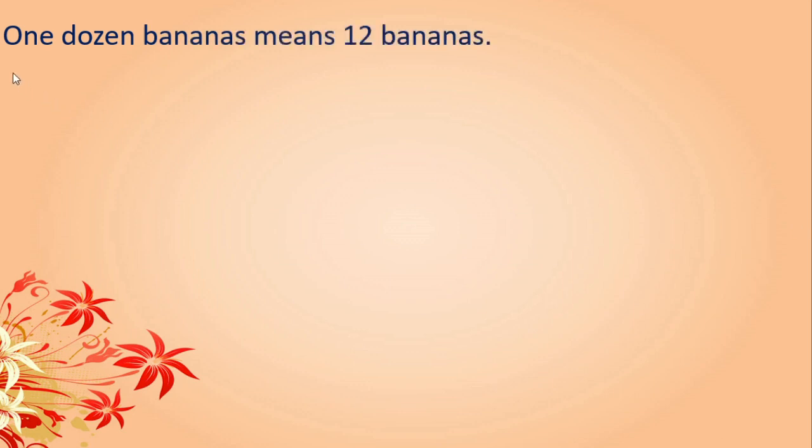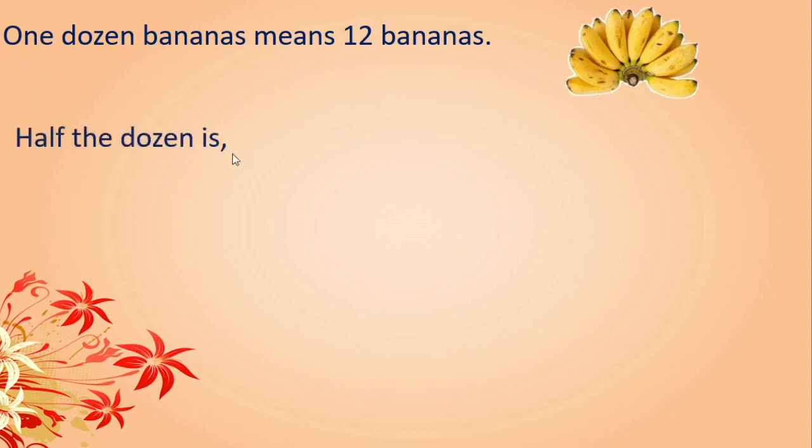See, this is one more type. 1 dozen bananas means 12 bananas. Remember, dear children, dozen always means 12 pieces. 1 dozen eggs means 12 eggs. 1 dozen oranges, 1 dozen mangoes, always remember that is equal to 12 objects. Now here, half the dozen. Dozen means how much? 12, you know.